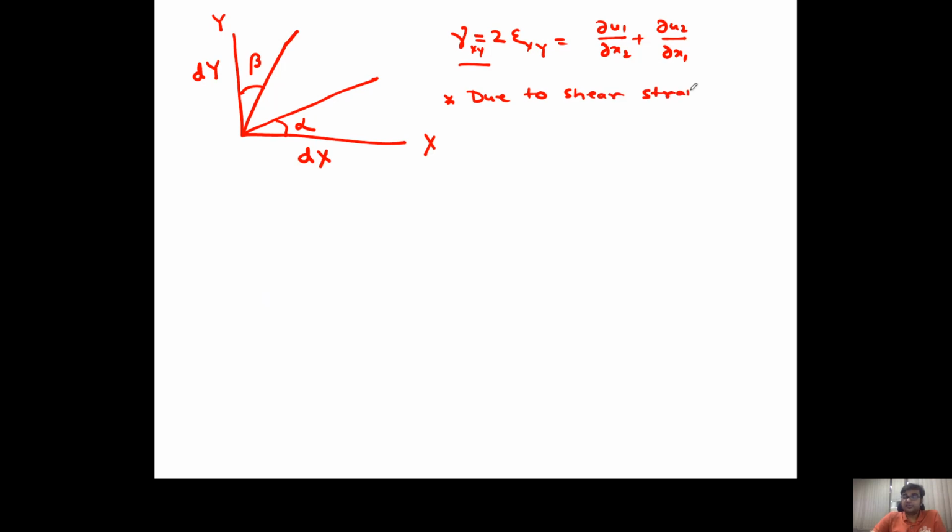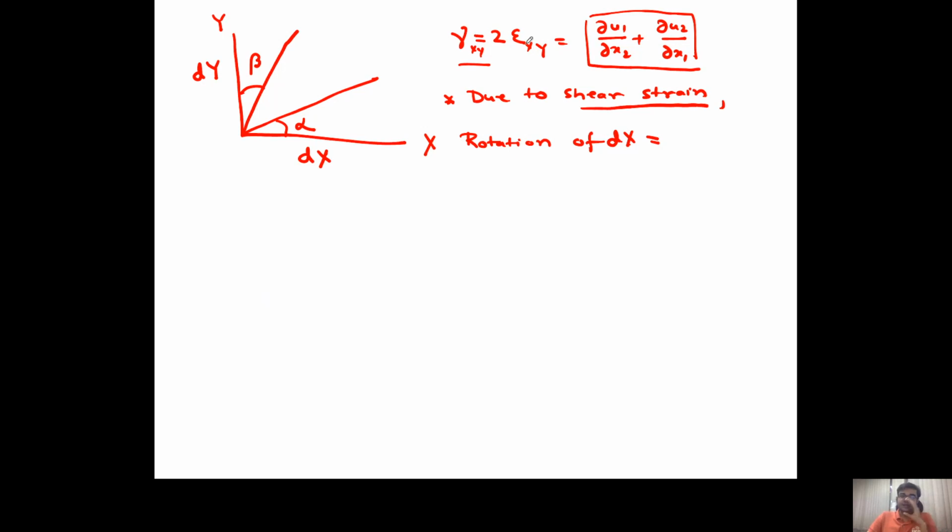Now, I can say that due to shear strain, and this is a very key word, because if you miss this word shear strain, you will get confused with something we have derived earlier. So due to shear strain, what is the rotation of dx? The total rotation is del u, right?